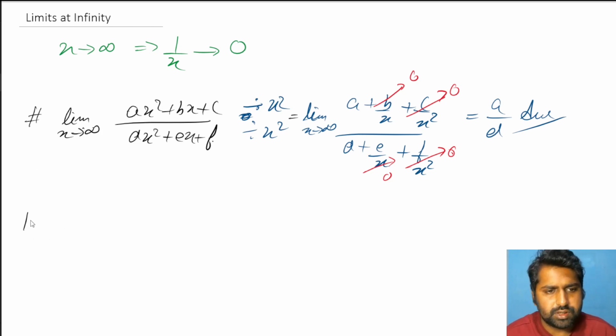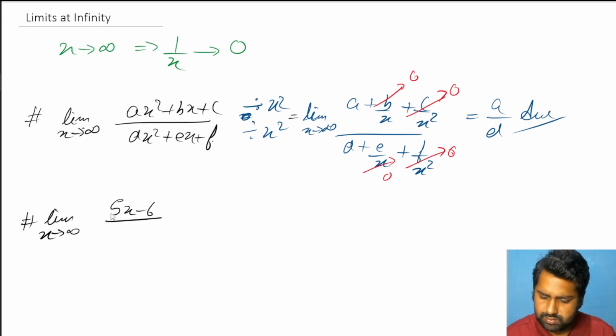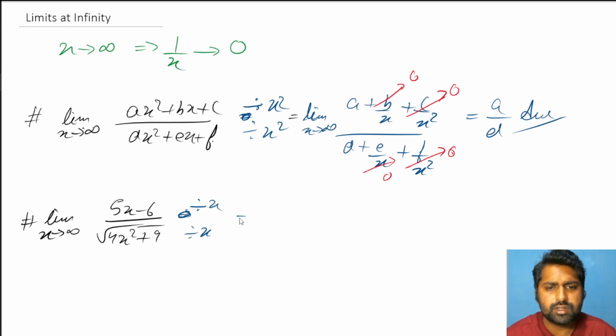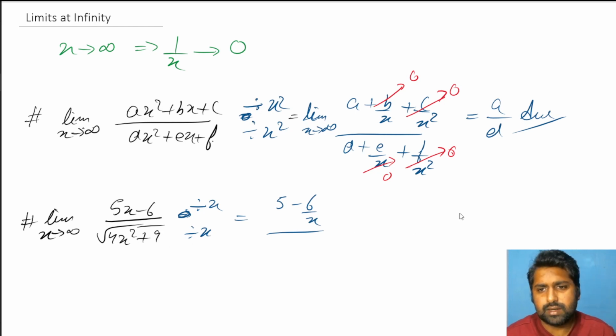Let's see the question now. Limit x tends to infinity, 5x minus 6 upon square root of 4x square plus 9. Now numerator, you have highest power as x. If I'm dividing numerator by x, I have to divide denominator by x also. So that becomes 5 minus 6 by x. If you want to take x inside the square root, it becomes x square.